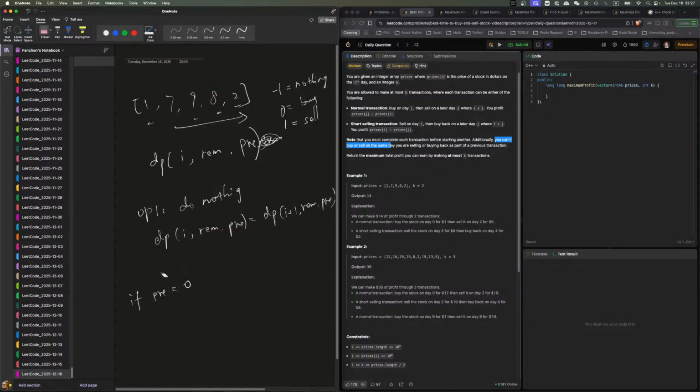If previous is nothing, then we can buy. Then we say DP, buy. When you buy, the pre should be the price. If you buy, it's going to be a negative value. If you sell, it's going to be a positive value.